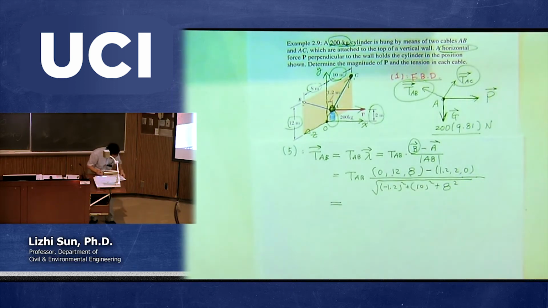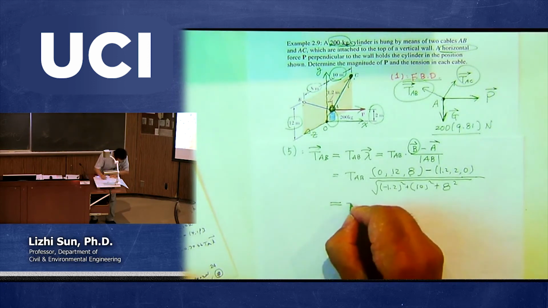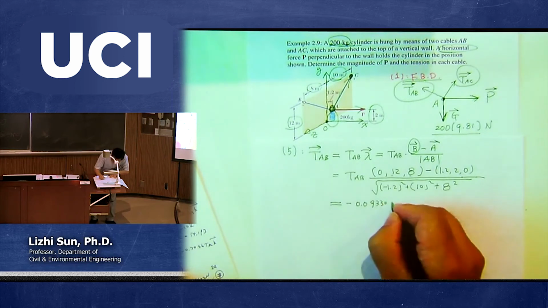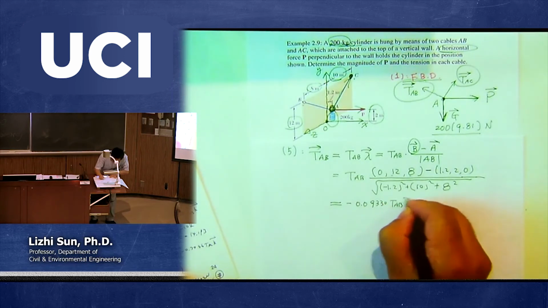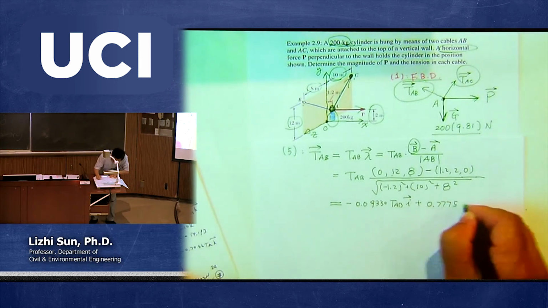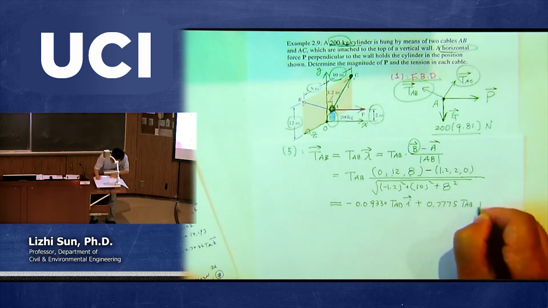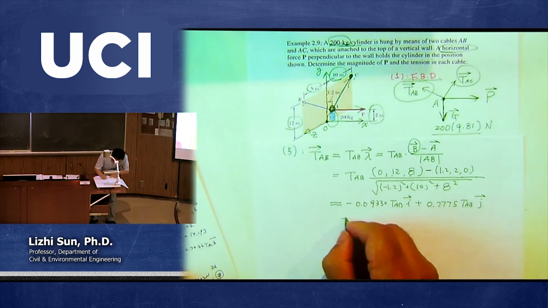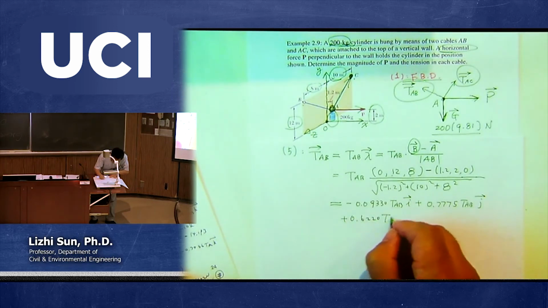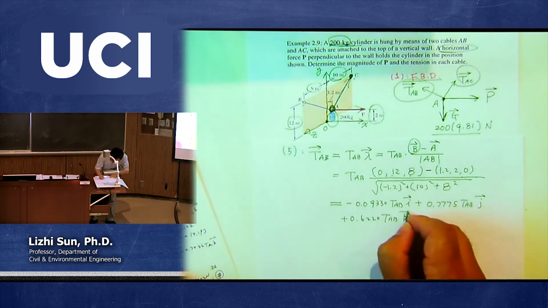Let me give you the final answer for this one, T_AB. T_AB finally is negative 0.0933 T_AB i plus 0.7775 T_AB j, and then plus 0.6220 T_AB k.